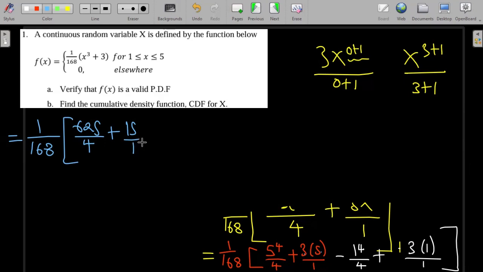Then I have minus, and you should put these in brackets like that. In brackets, I have 1 over 4, because 1 to the power 4 is just 1. So this is 1 over 4, and then plus 3 multiplied by 1 divided by 1, that is 3. So this is what I have here.